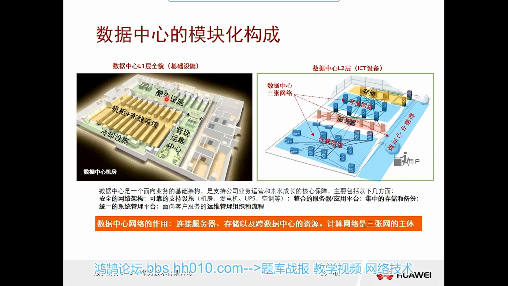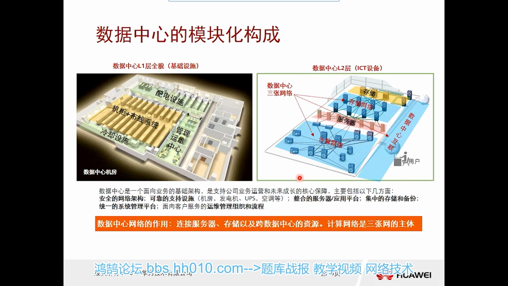Then I can also introduce it to everyone from my side. We are discussing this data center. Actually, we can divide it into L0 to L4, these five levels. We are discussing this L0. Actually, this L0 in the data center is for building construction. Simply put, it is to build this data center house, which refers to civil construction.